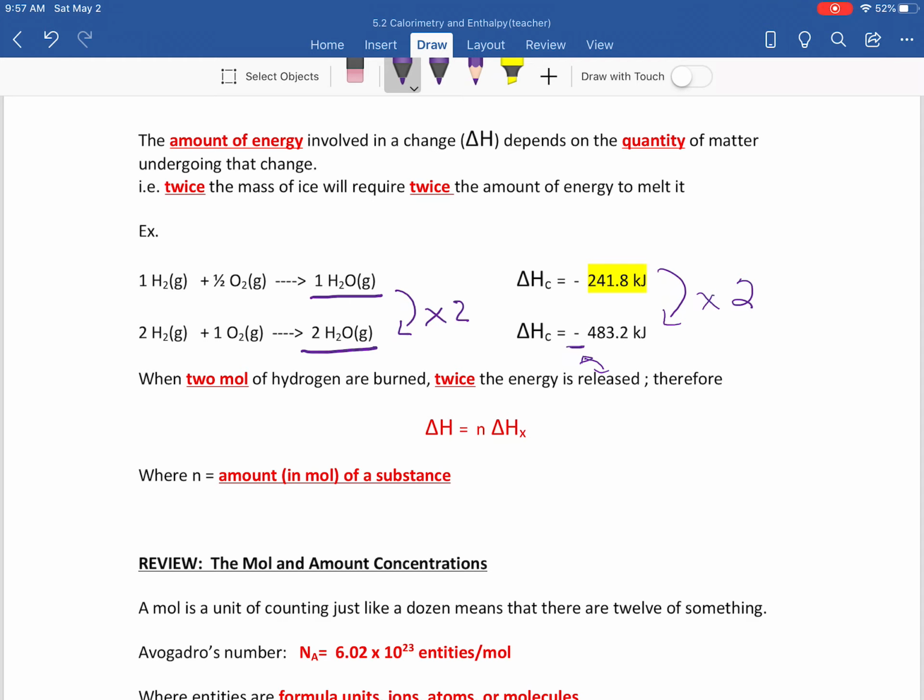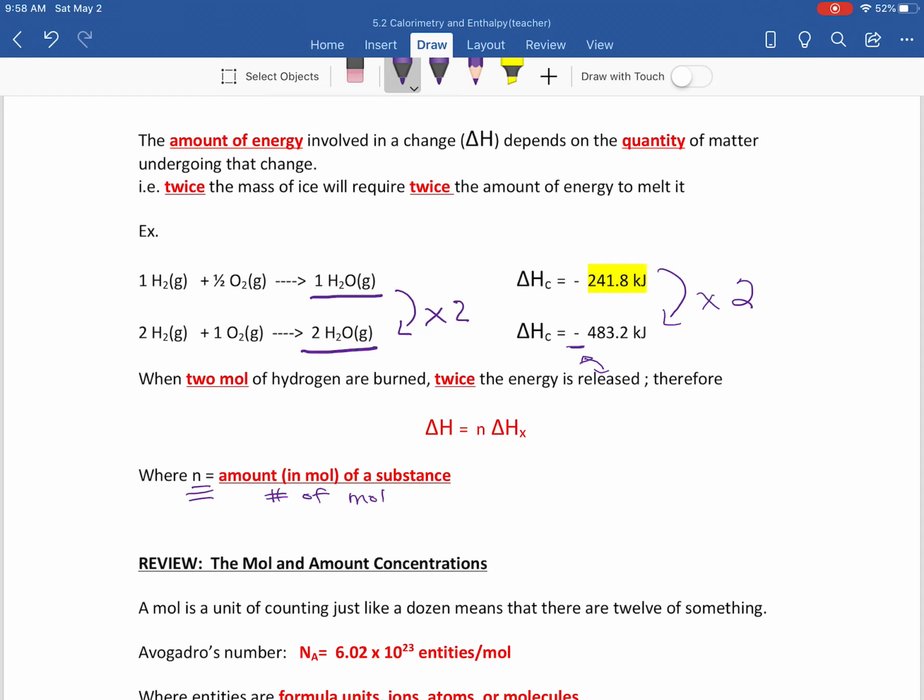It's released because we've got a negative delta H. If it's a negative delta H, then we know it's exothermic, and exothermic means that energy was released. And just so you remember, N means the number of moles.